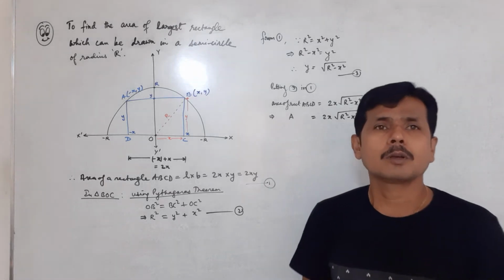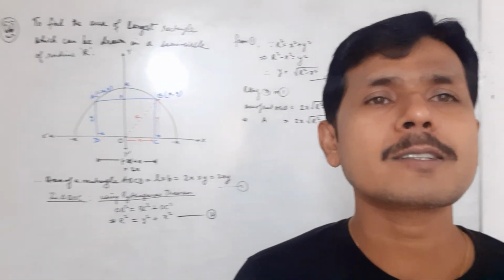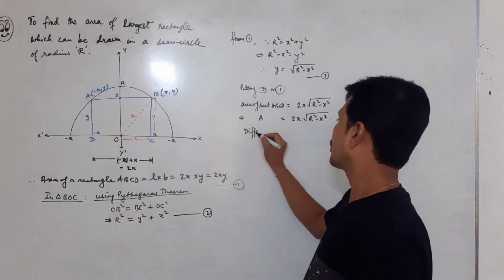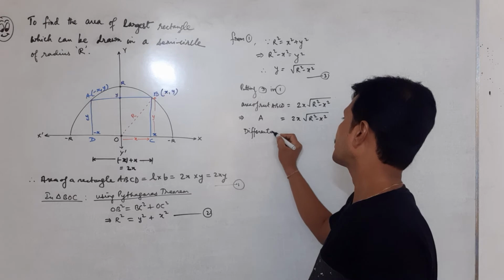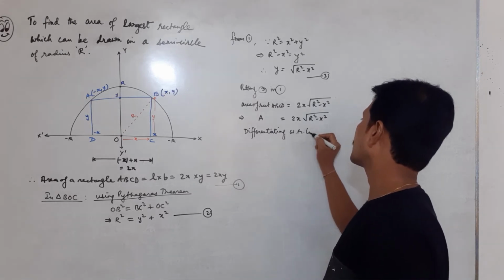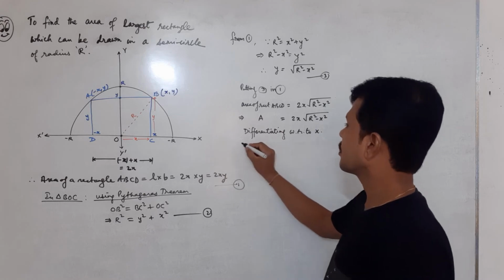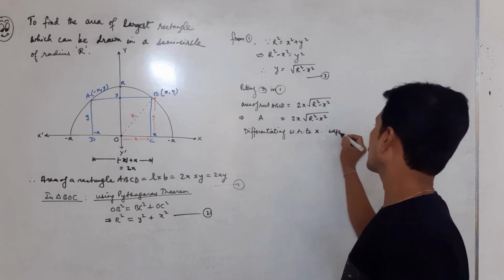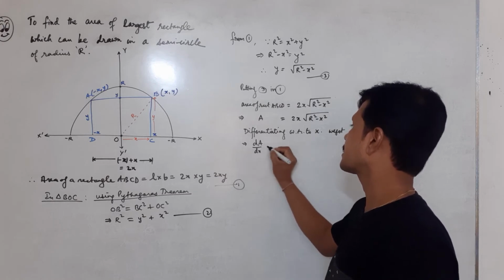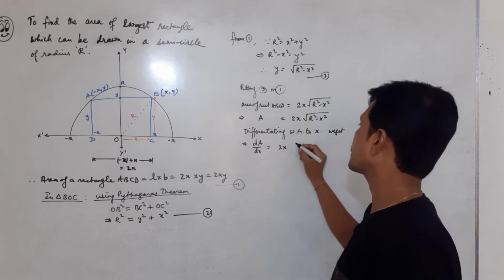Now we are going to differentiate both the sides with respect to x. Differentiating with respect to x, we get dA upon dx equal to 2x.